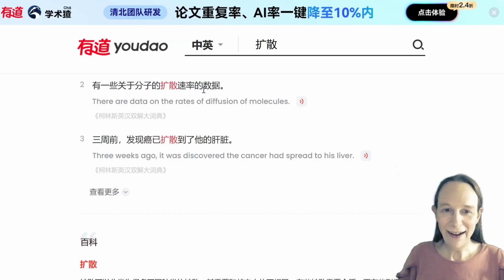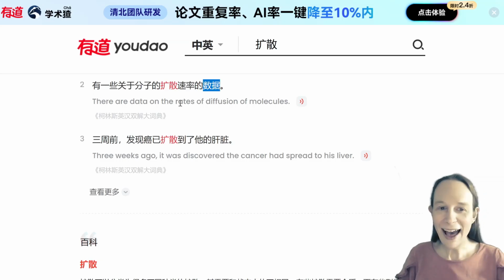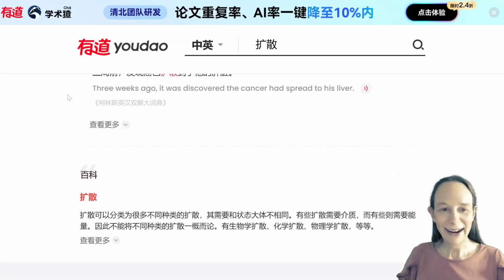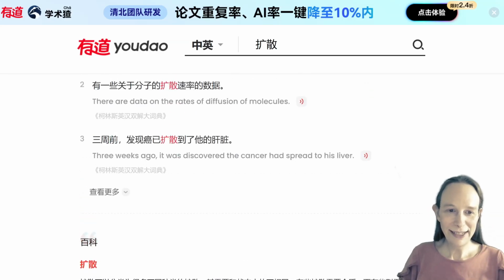Anyway, there are data. Data is plural. There are data relating to the speed of spread of molecules, the rate of diffusion of molecules. All right. 3周前发现癌已散布到了他的肝脏. That's not good news. So the cancer has spread to his liver.